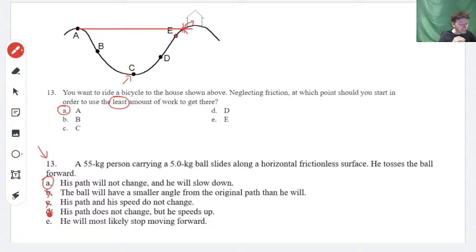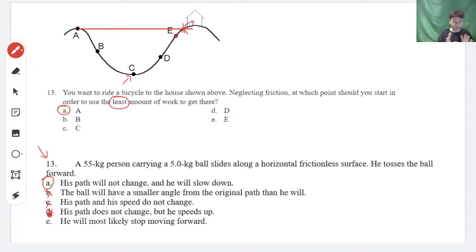E, he will most likely stop moving forward. There's a small possibility that he could stop moving forward, but you would have to throw the ball pretty hard. I don't know if anybody has the muscle to throw a 5-kilogram ball fast enough to stop moving forward and start moving backwards.